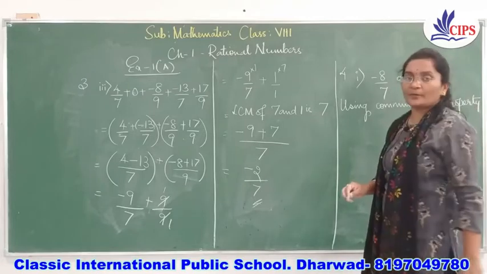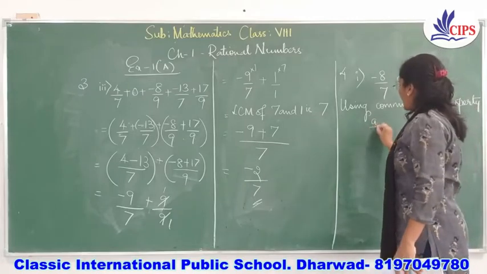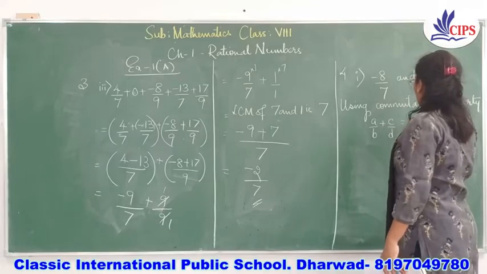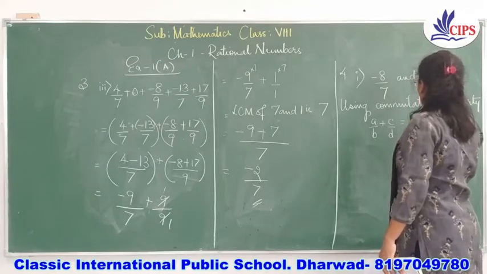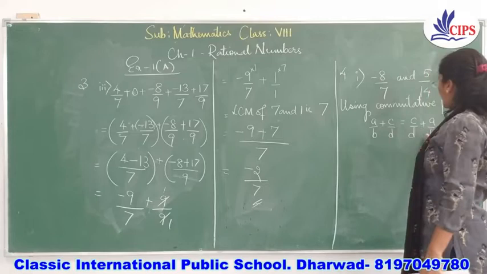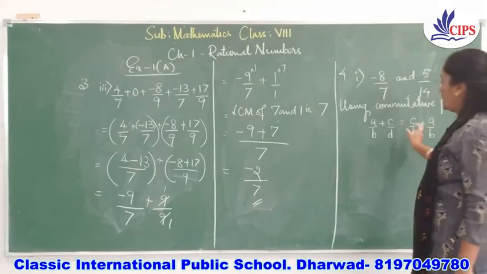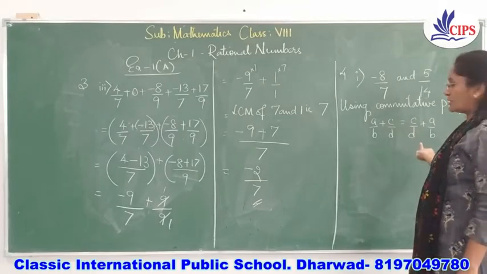What does our commutative property state? A by B plus C by D is equal to C by D plus A by B. See, we have got the same numbers. A by B is here, A by B is here, C by D is here, C by D is here. But we have written it in the reverse order.